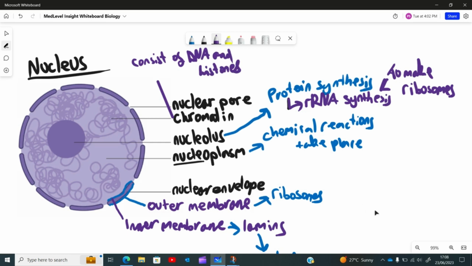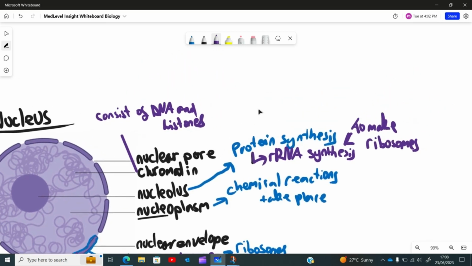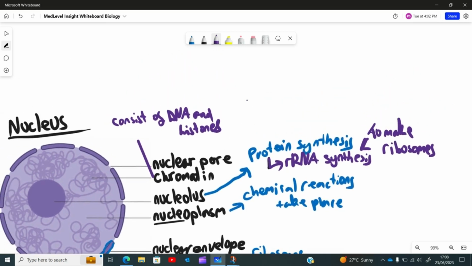So I'm going to explain to you the two forms that it has. Wow, I should have made this bigger. Okay, so the first form that it has is called euchromatin. Alright, so the euchromatin is loose. So I just put in brackets here, loose.